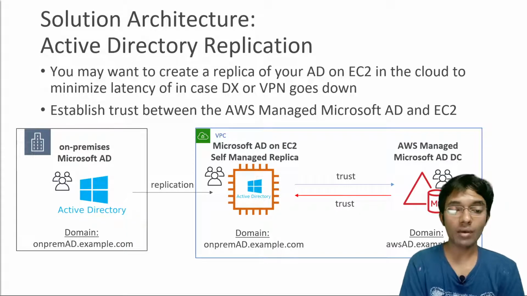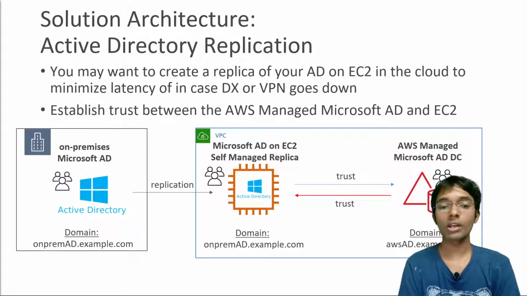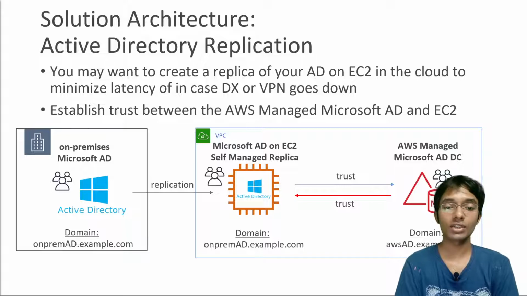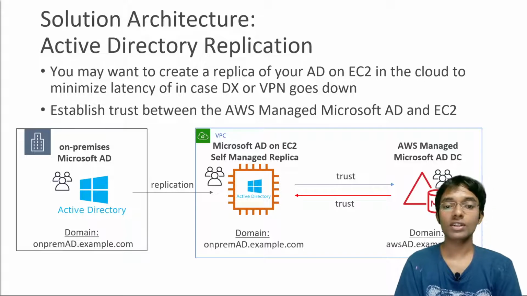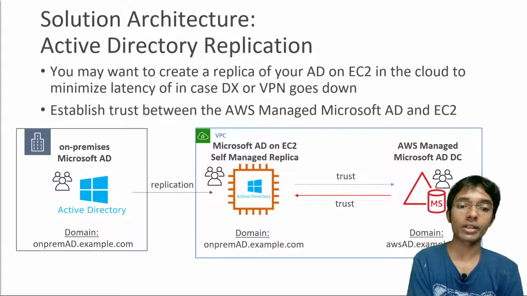Well, we have our on-premise Microsoft AD with one domain, and we have the VPC AWS Managed Microsoft AD DC with another domain. The only way here to set up some kind of replication is to deploy Active Directory on an EC2 Windows instance, and you will have to set up replication.